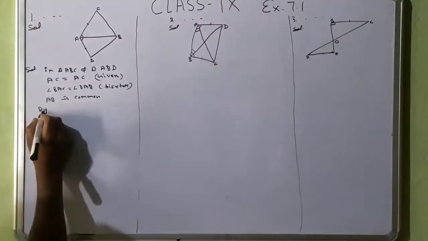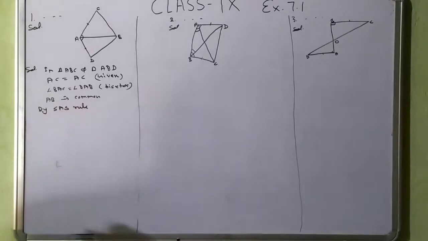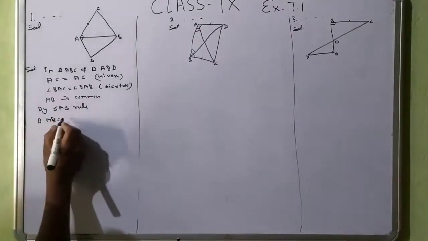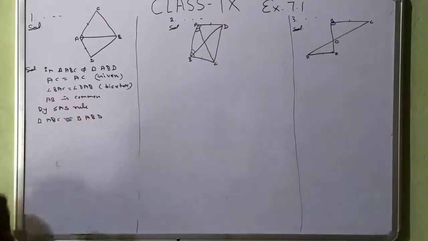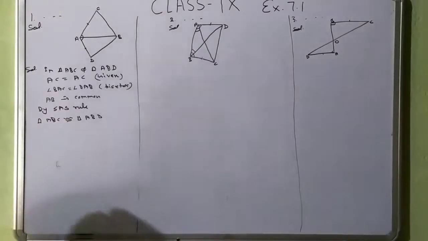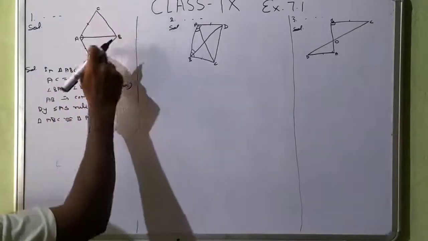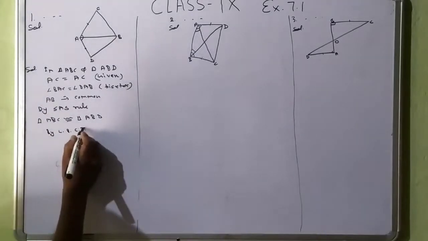By SAS congruence rule, triangle ABC is congruent to triangle ABD. And then, in the question, what can you say about BC and BD? BC and BD by CPCT.